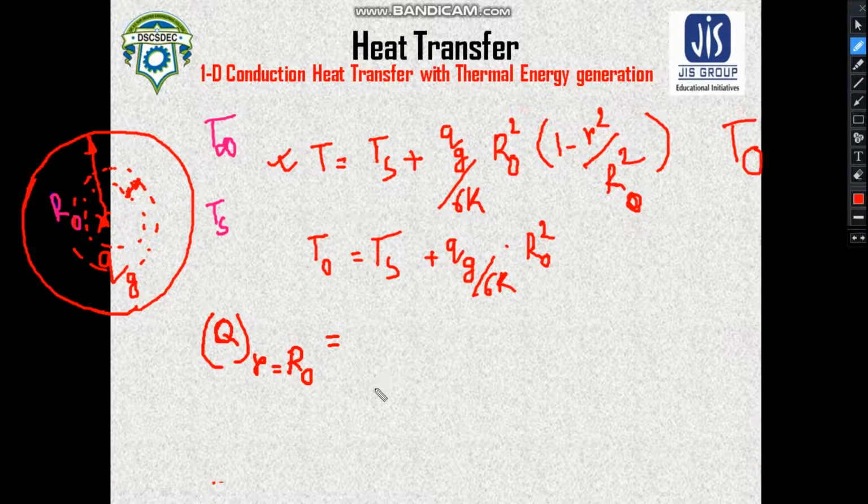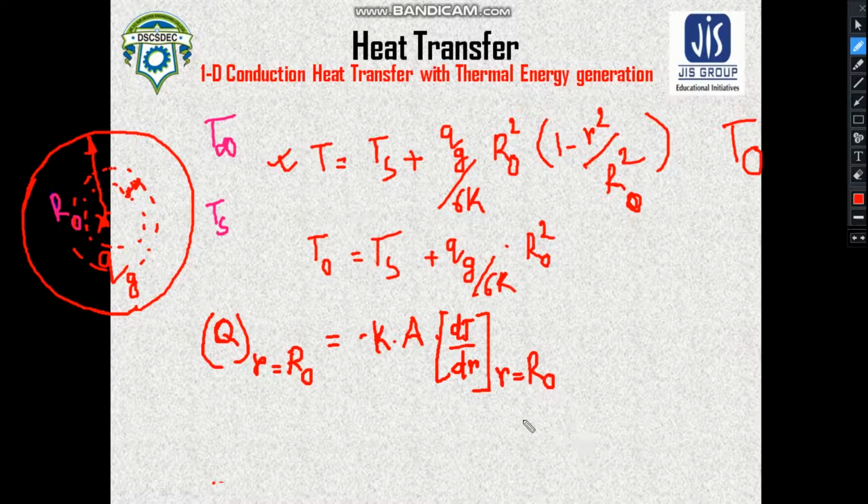Okay, so what is our formula? This is our basic formula, kA dT/dr, but this dT/dr should be calculated at r equal to r0.